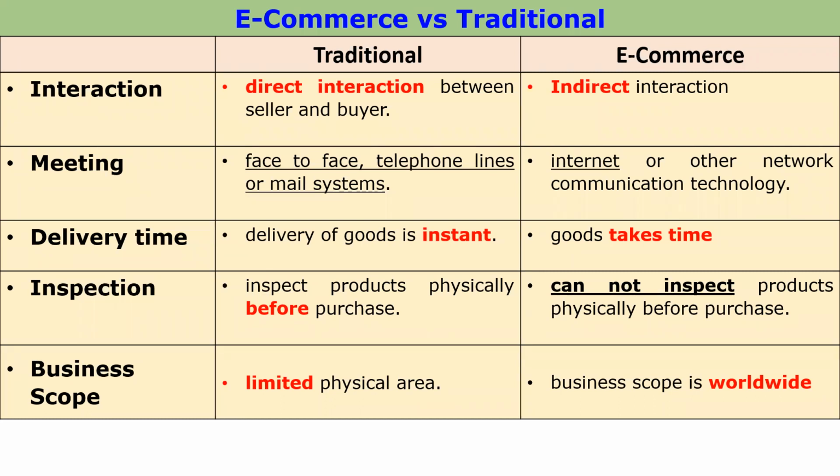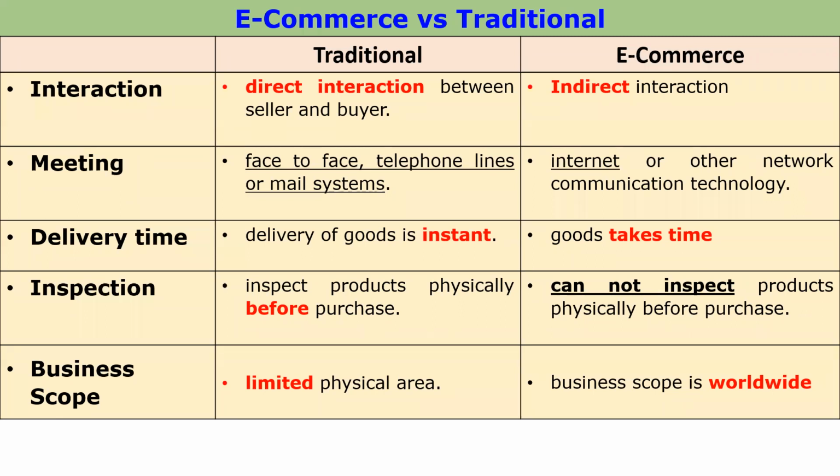Then inspection. Under a traditional transaction, you can inspect the product before purchasing it, but it is a physical inspection. Under an e-commerce transaction, you cannot physically inspect your product before purchasing. Regarding the business scope, in the traditional transaction it is limited to your area.